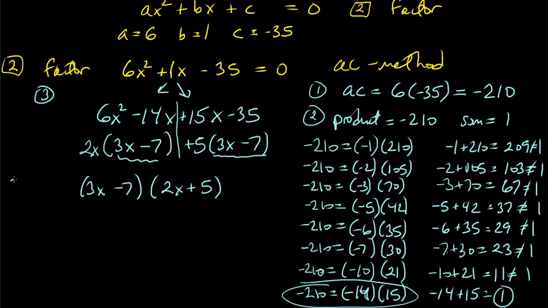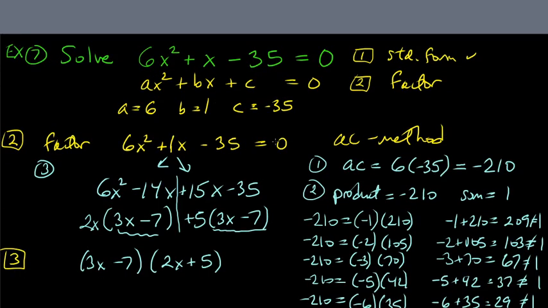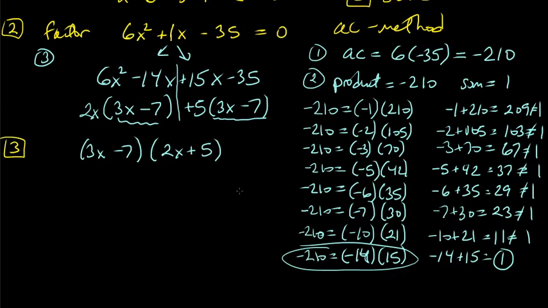So now we're in step 3. Well, let's be clear, step 3 of the original problem of solving the equation. So now we just have to solve the following equation: 3x minus 7 times 2x plus 5 equals 0.